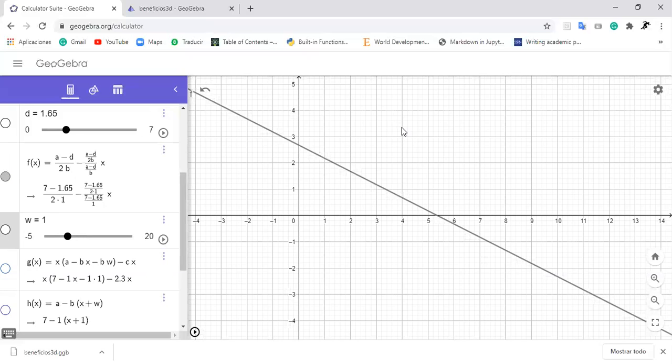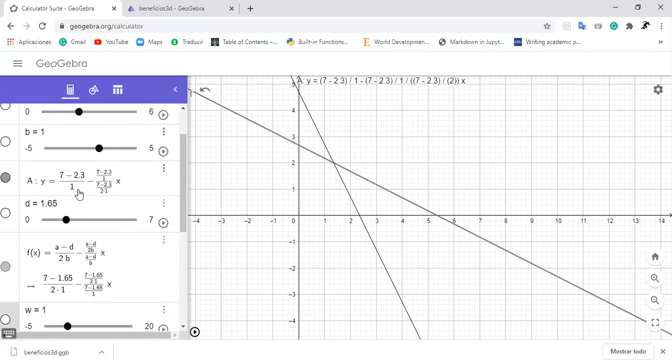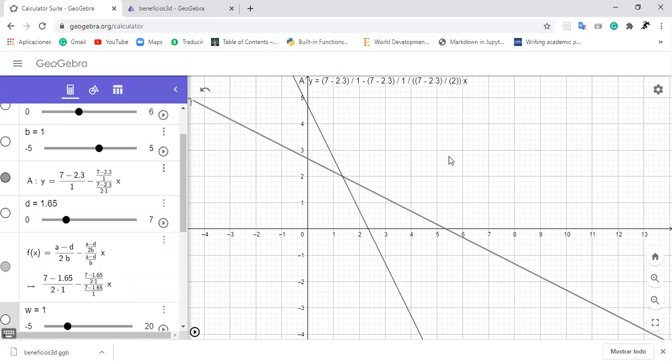So we have a relatively interesting characteristic of these two lines, which are the reaction functions. The key characteristic is that along all the line, each firm is maximizing its profits.